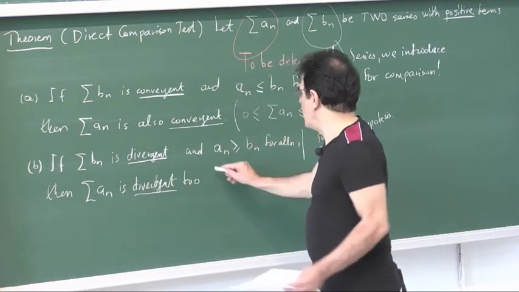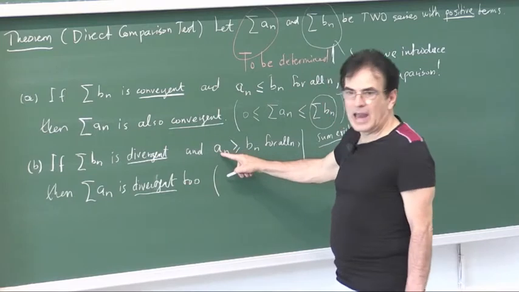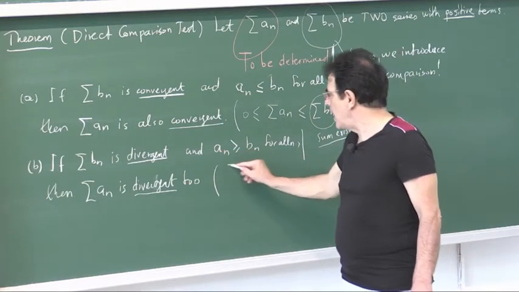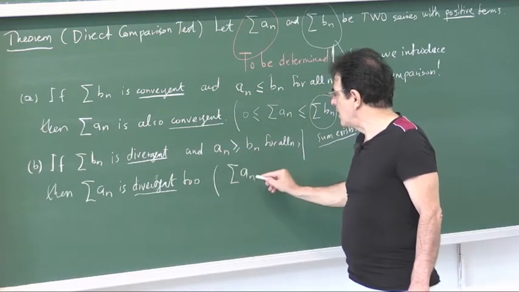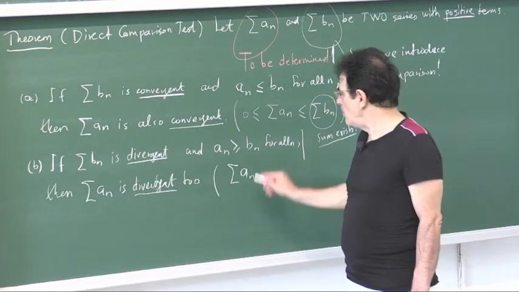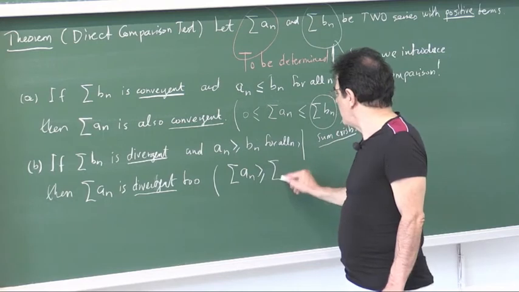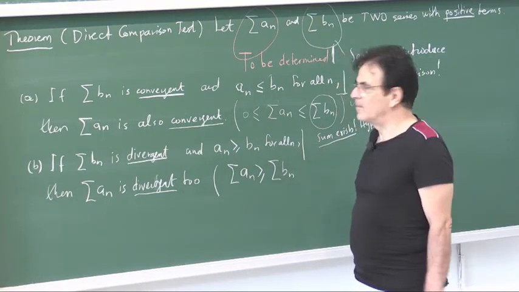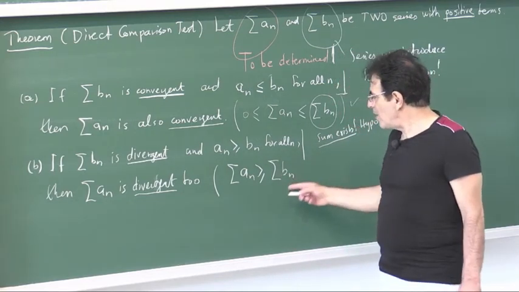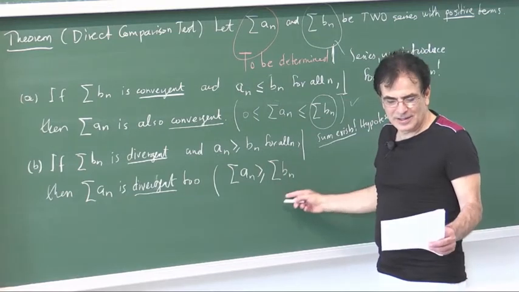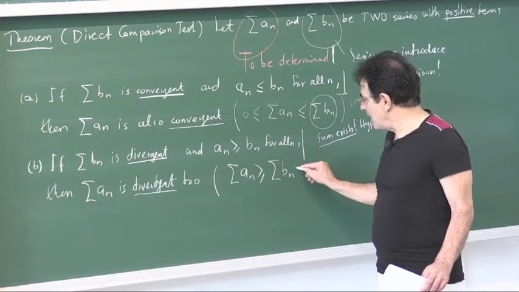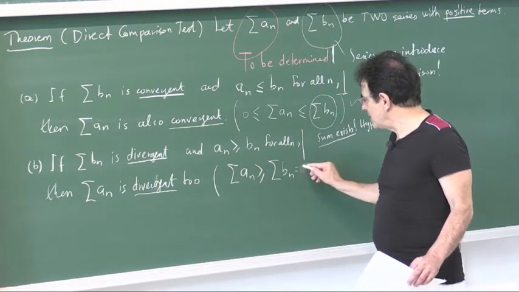And the idea is the same. Because An has terms larger than Bn, we expect that An has a sum which is larger than the sum of the second series. But the sum of our second series is plus infinity, isn't it?